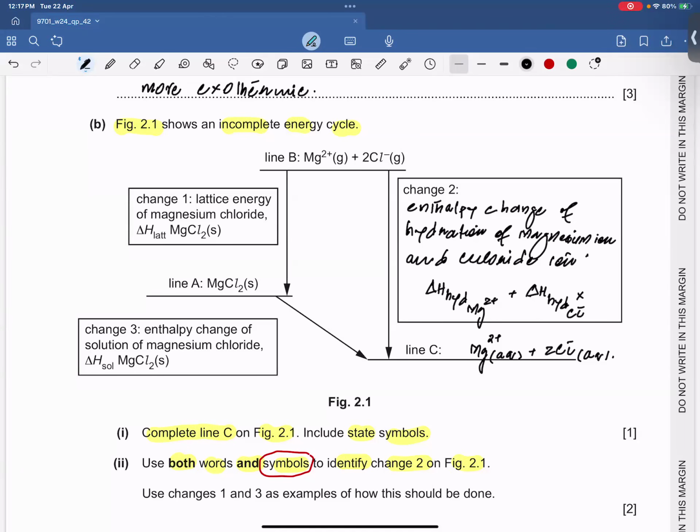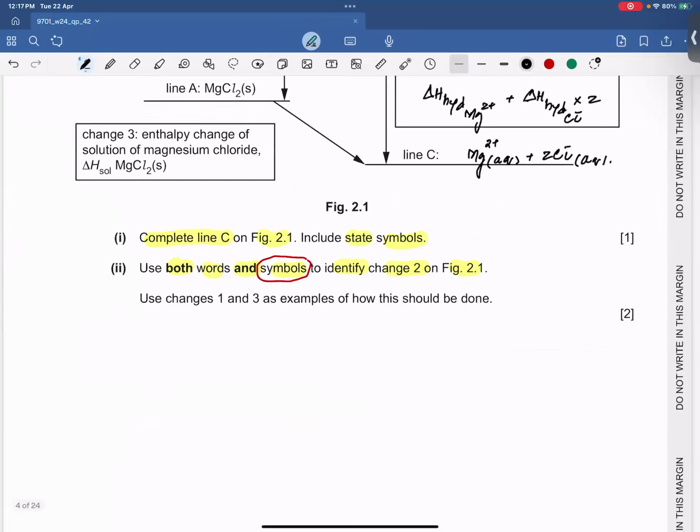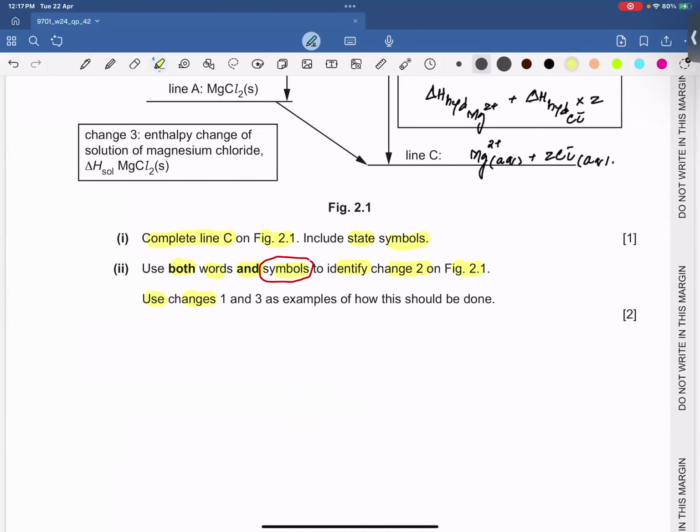Since we have 2 chloride in the formula, it needs to be multiplied by 2. Use changes 1 and 3 as examples of how this should be done. That's easy.